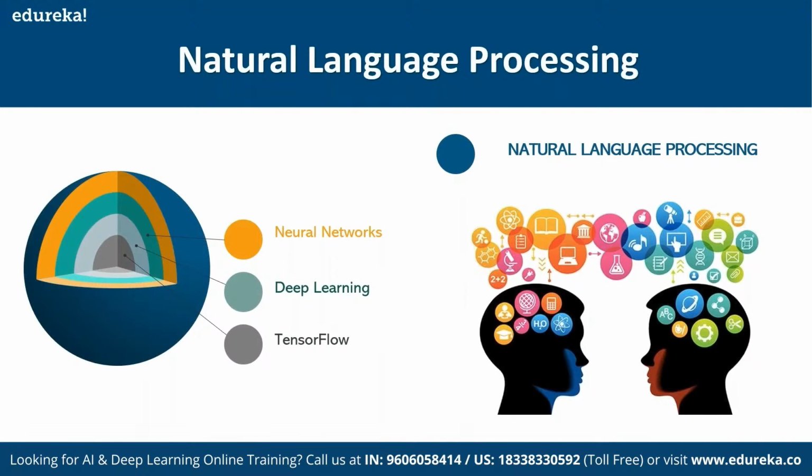What is natural language processing? Basically, suppose I say get out, right? Get out. Now the machine needs to understand the sentiment, needs to understand the parts of speech of this sentence, right? What is the context in which this sentence has been spoken, right?